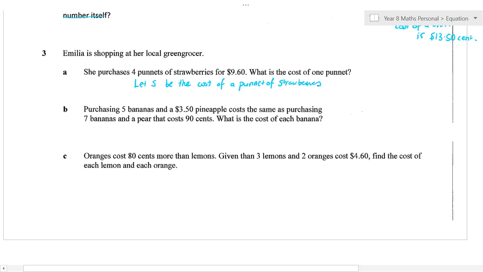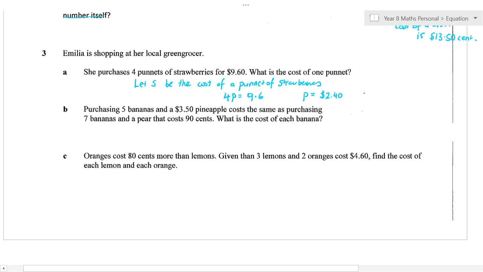Now we write an equation. So 4P is equal to $9.60. Dividing both sides by 4 gives us P is equal to $2.40, if you do it in the calculator. So that is going to be $2.40.